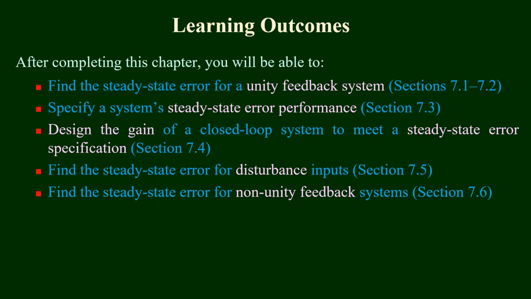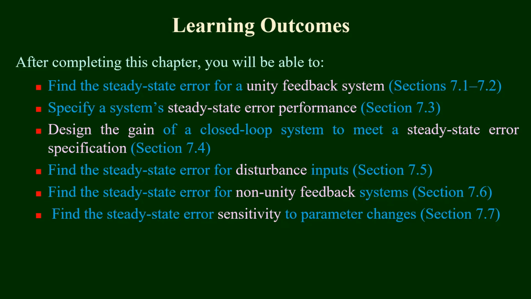All the discussion from 7.1 to 7.5 will be devoted to unity feedback systems, but in 7.6 we will be discussing non-unity feedback systems. And the sensitivity of the system we will discuss in lecture number 7.